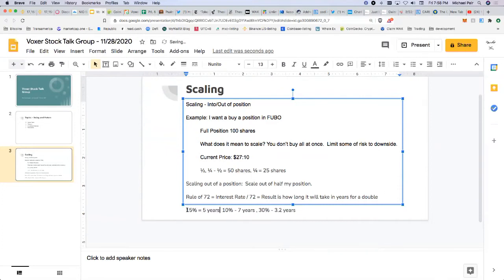If you can have a portfolio that's doubling every 5 years, that's incredible, because if you take 20 years on that, that's a 4x on your portfolio if you can average 15%. So if you start with $1,000, in 20 years you go 1,000 to 2,000, 2,000 to 4,000, 4,000 to 8,000. So from 1,000 to 8,000, that's what 20 years will look like.